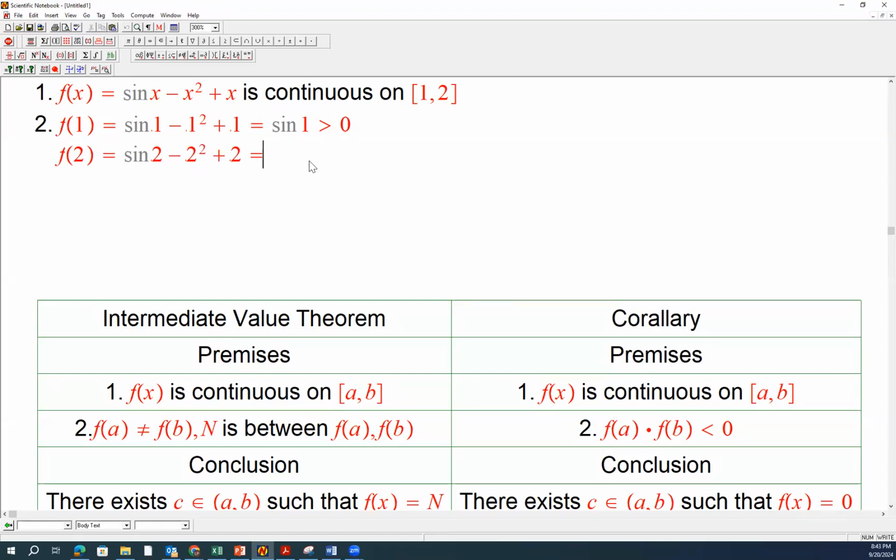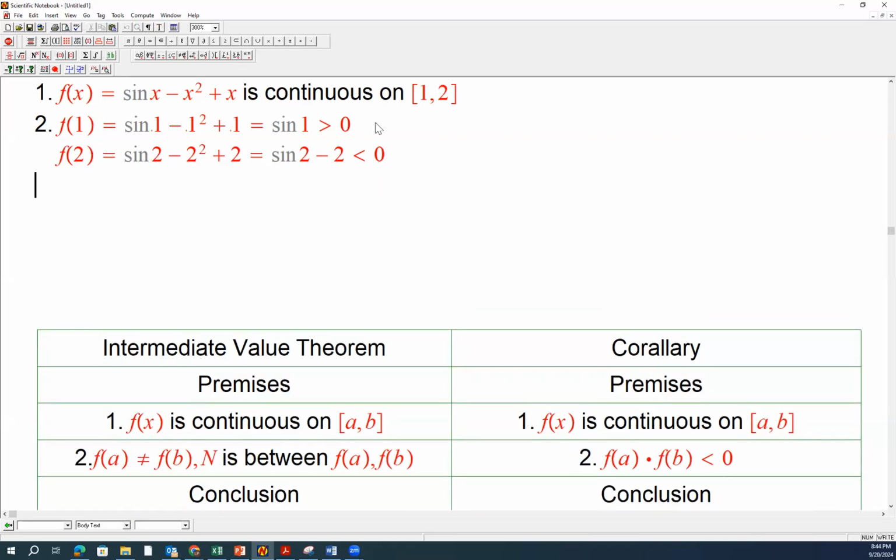That's going to be sine 2 minus 2. Sine 2 is going to be less than 1, so this is going to be less than 0. Do you need a calculator for it? No, you don't need a calculator.